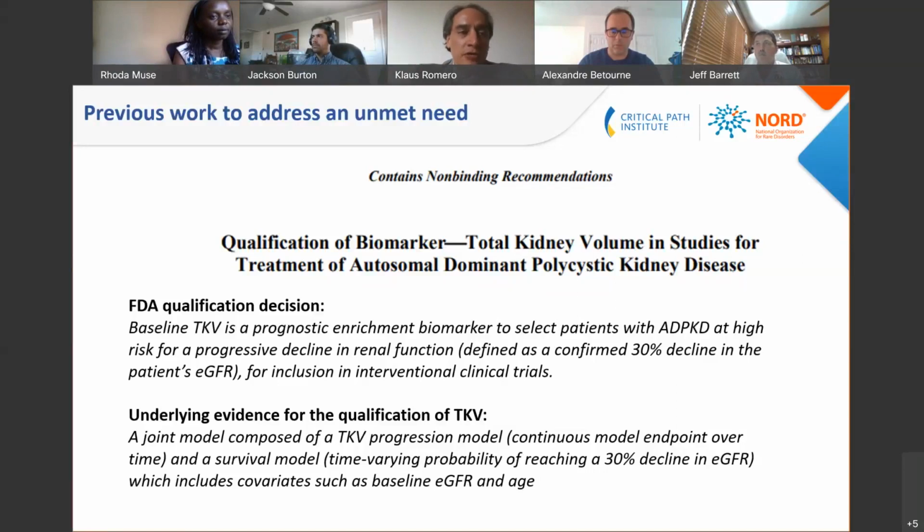Blood pressure was one. Number one, as Rhoda indicated, there was a lot of missingness with the actual blood pressure values. But in addition to the missingness, there was quite a bit of uncertainty with the diagnosis of high blood pressure and the potential treatments.